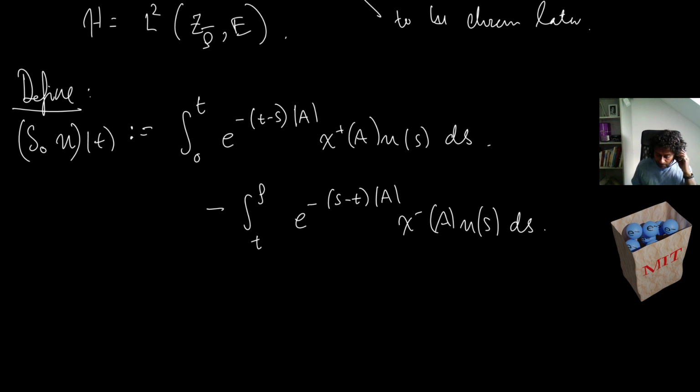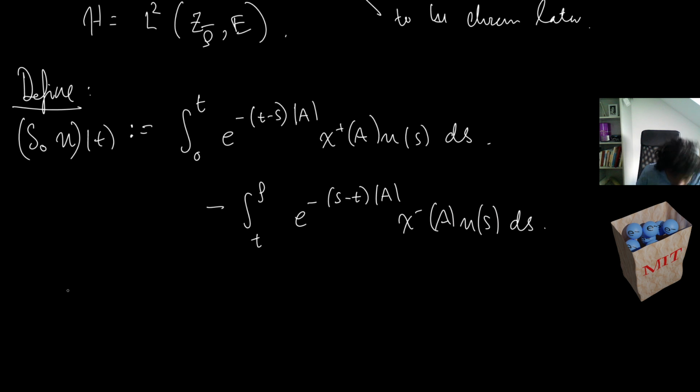And also let's define C rho of u at s, which is u of rho minus s.